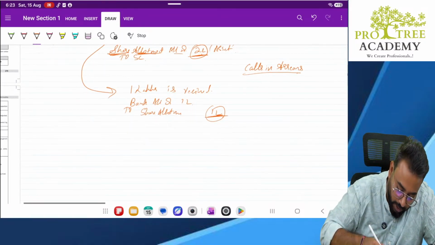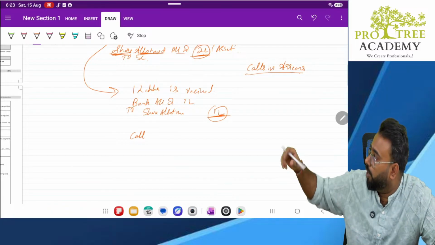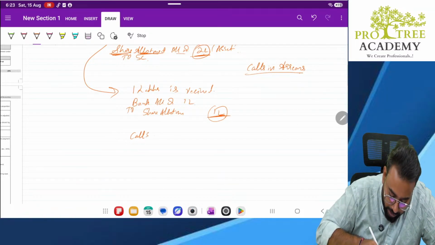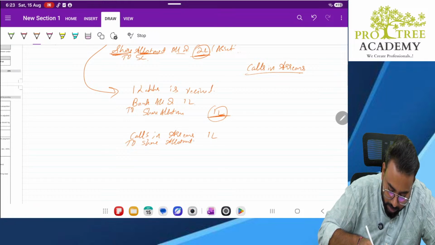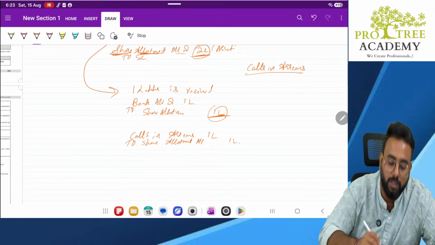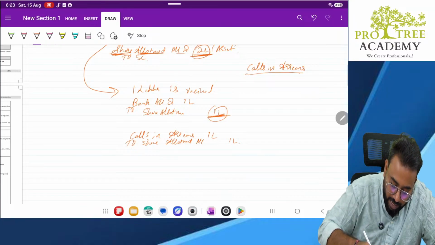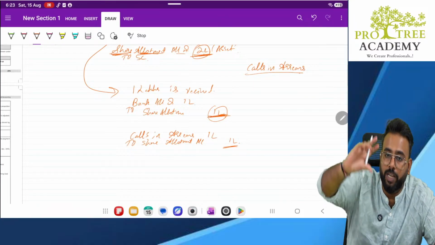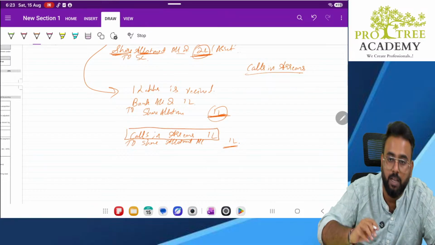So I pass the balance amount in share allotment account to a new account called calls in arrears: calls in arrears account debit 1 lakh to share allotment account 1 lakh. Now share allotment becomes 0. That 1 lakh receivable has been shifted to a new account called calls in arrears account.